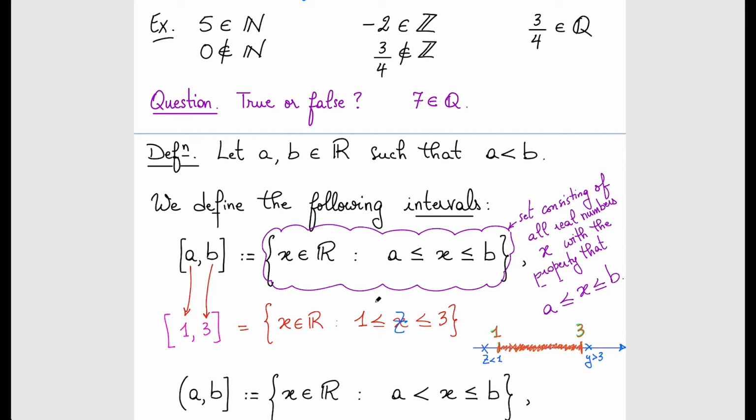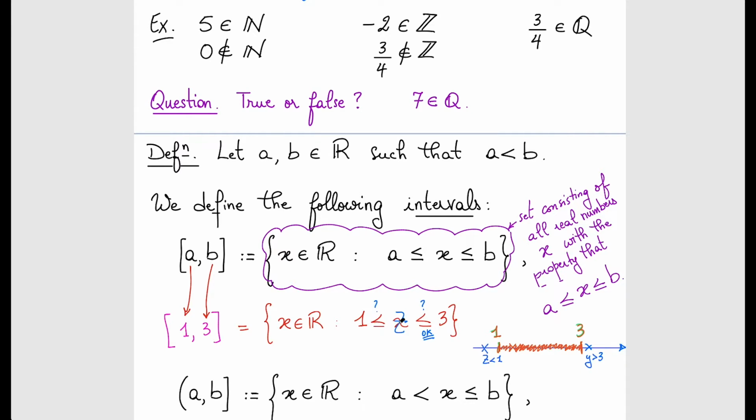Check, is this correct and is this correct? If they're both correct, then z should be part of the set. Let's check the upper one. Is z less than or equal to 3? Certainly that's correct, so this is okay.